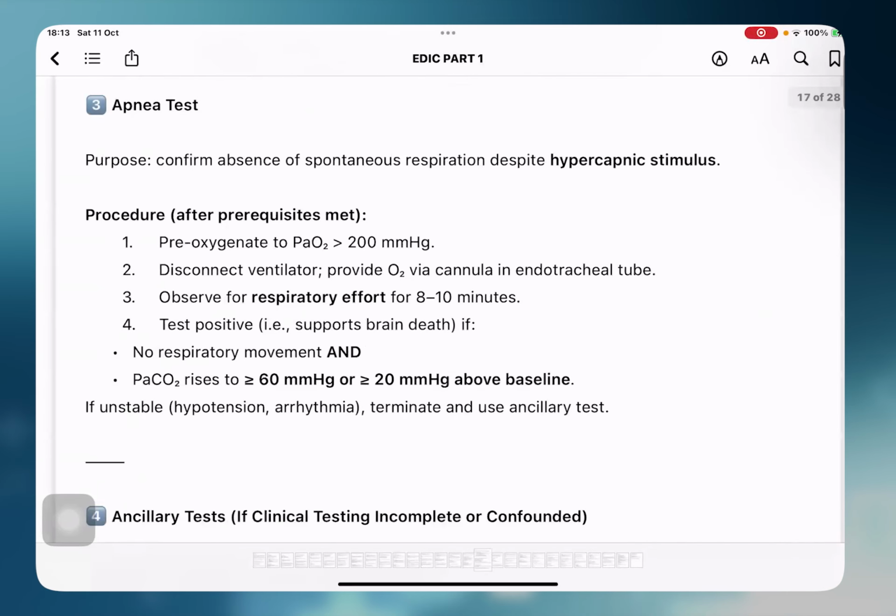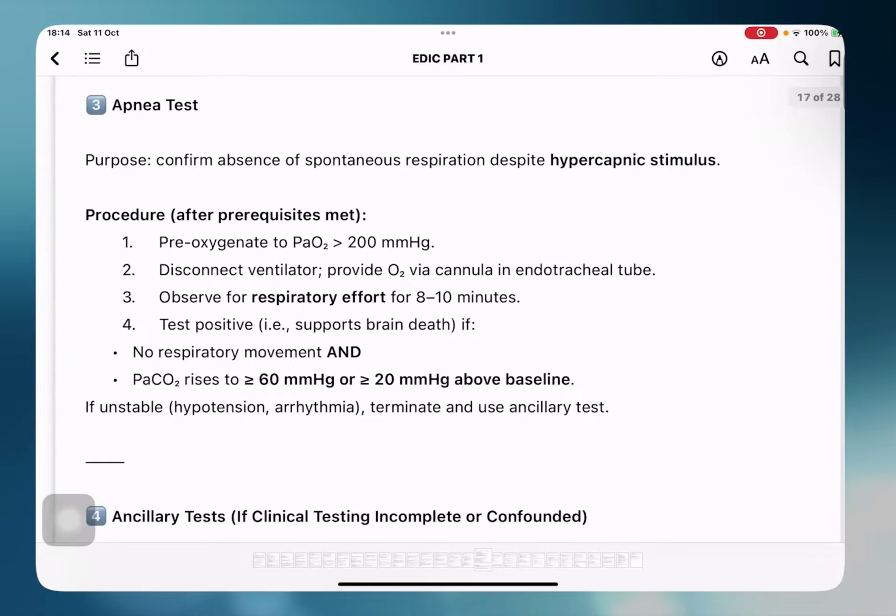Then is the apnea test. What is the purpose? The purpose is to confirm absence of spontaneous respiration despite the hypercapnic stimulus. So we pre-oxygenate the patient to a PaO2 of more than 200. Then we disconnect the ventilator. We keep providing oxygen via nasal cannula in the endotracheal tube.